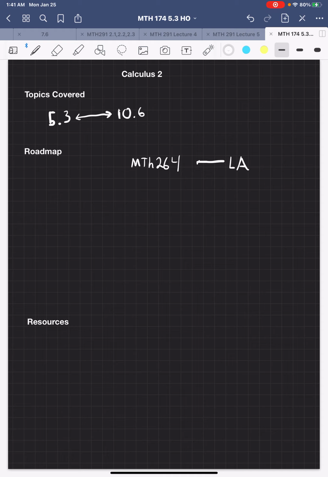If you're planning on majoring in engineering, the majority of the four-year schools in the state of Virginia would like you to take linear algebra as well as Calc 2. And since we offer them both every spring semester, you should be taking both this semester. If you're only taking Calculus 2, that's not a huge problem.